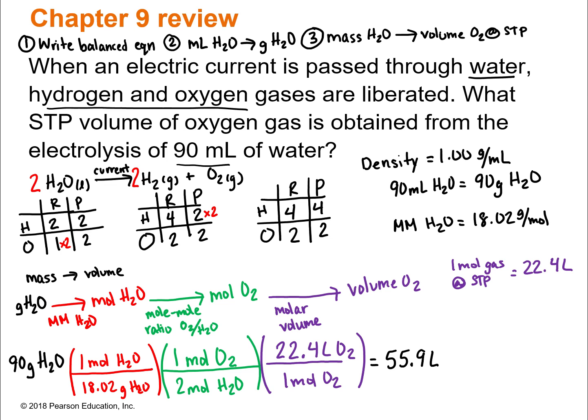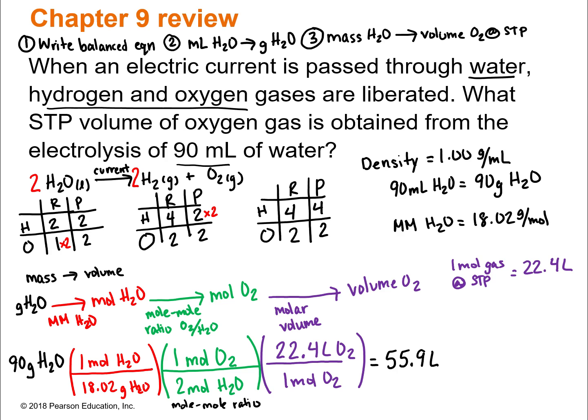So, we have a question. Why do you need to do moles of water and moles of oxygen? So, the mole-mole ratio, which is what this is, that helps us to convert from one substance to another in a chemical equation.